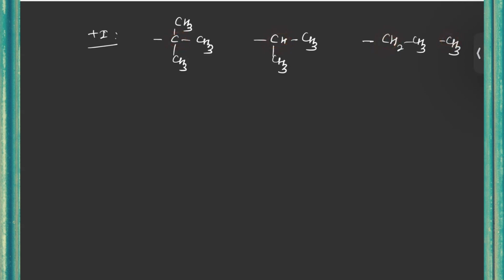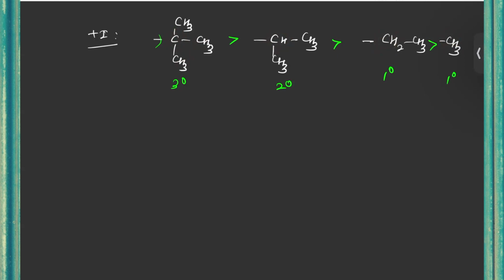This carbon, this carbon, this carbon, this carbon. You can see the degree of the carbon. This is a carbon which is 3 degree because it is connected with 3 other carbons. This is a carbon which is 2 degree. This is a carbon which is 1 degree, and methyl is also considered as 1 degree.